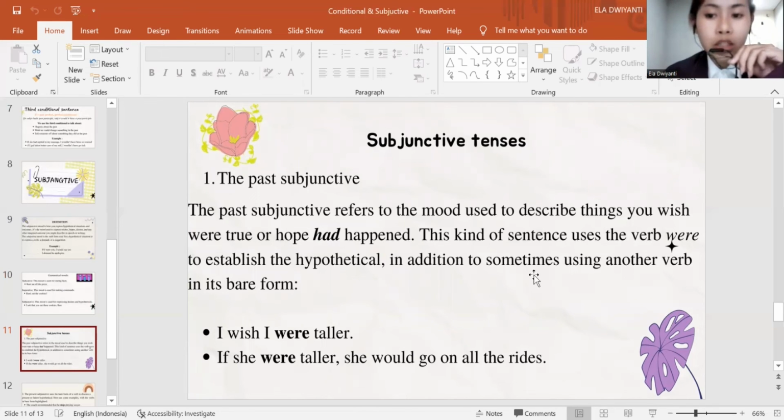This kind of sentence uses the verb were to establish the hypothetical, in addition to sometimes using another verb. For example, I wish I were taller. If she were taller, she would go on all the rides.